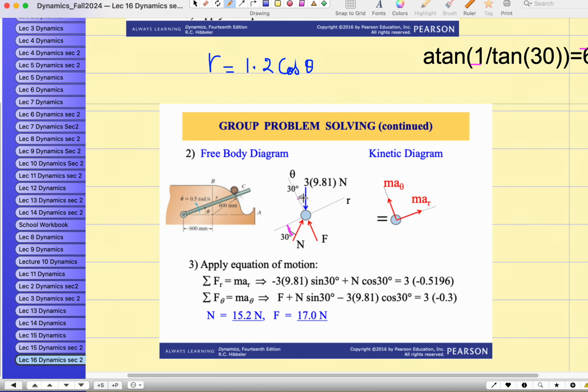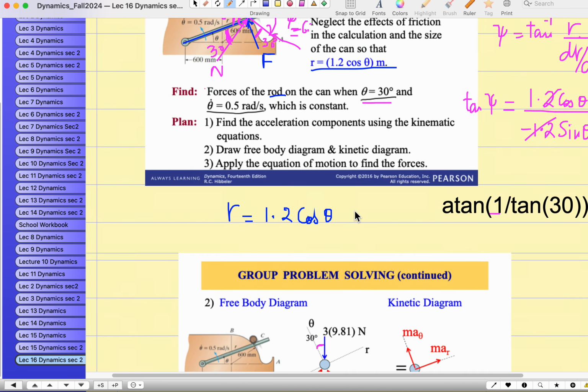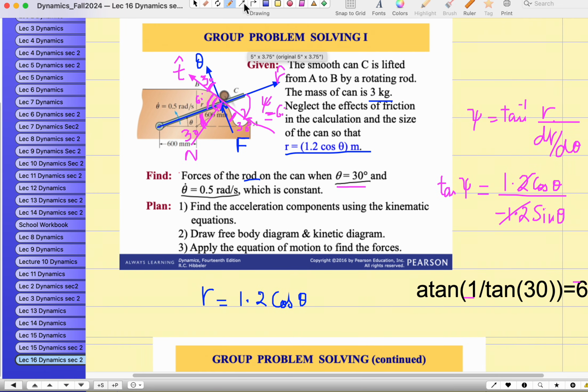So this angle is also 30 degrees. How? I did not draw the weight, but the weight of this can is acting downward. So this angle is also 30 degrees.